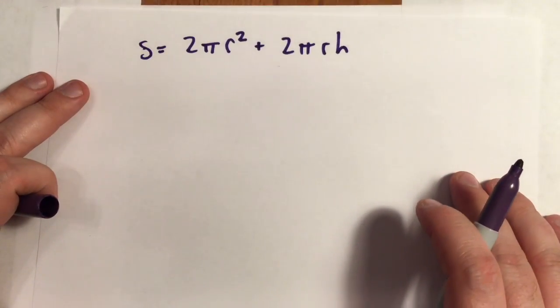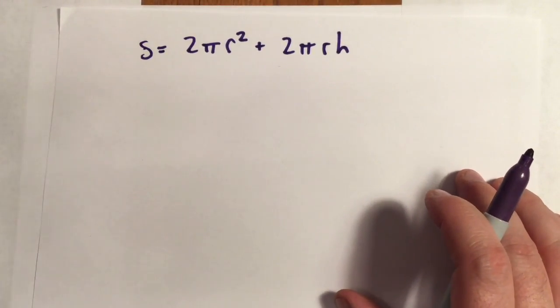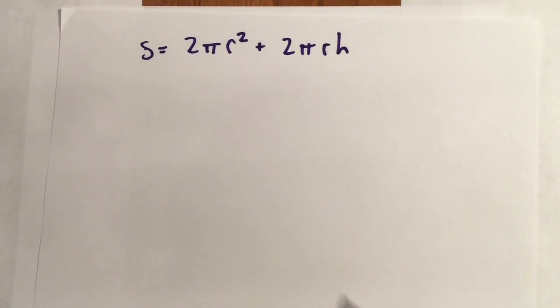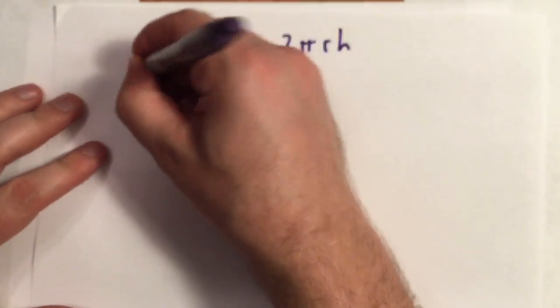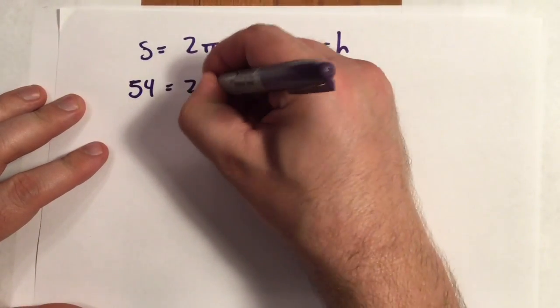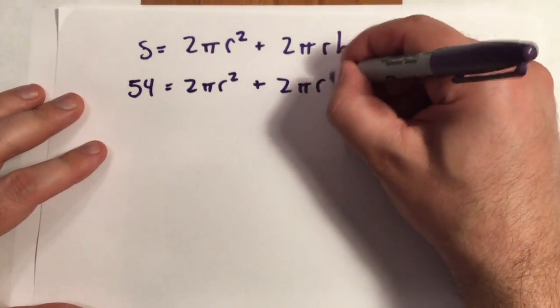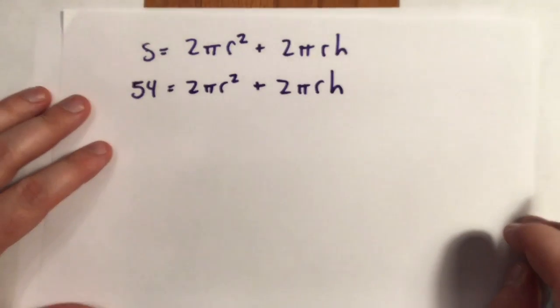They're saying which of the equations gives h for a right circular cylinder with a surface area of 54. Well, okay, so 54 equals all of this, right? That's what the surface area represents. And essentially, they want us to solve it for h.